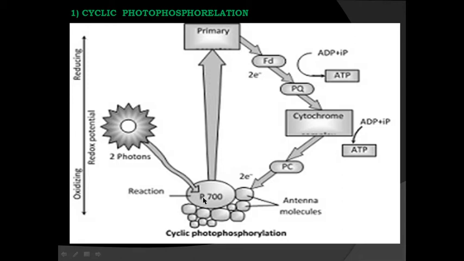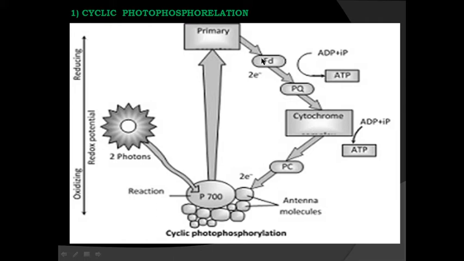Now one electron takes this radiant energy, and this electron moves from ground state to excitation state. That means it takes a lot of solar energy with it, and it is first accepted by the primary electron acceptor, ferredoxin, a reducing substance.